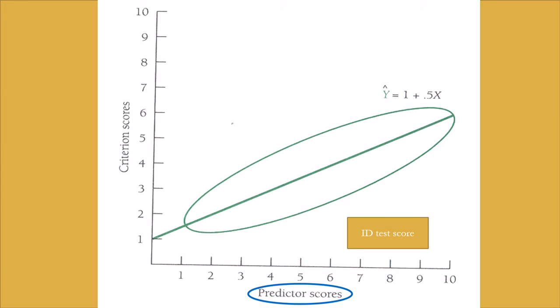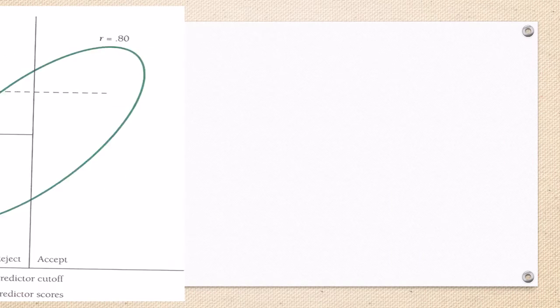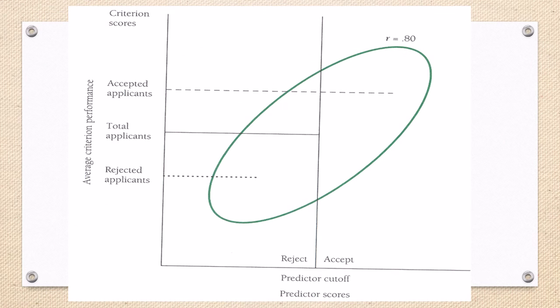So these predictor scores are individual difference test scores and our criterion score is our job performance. If we create a cutoff for our predictor, we can split this graph in two.